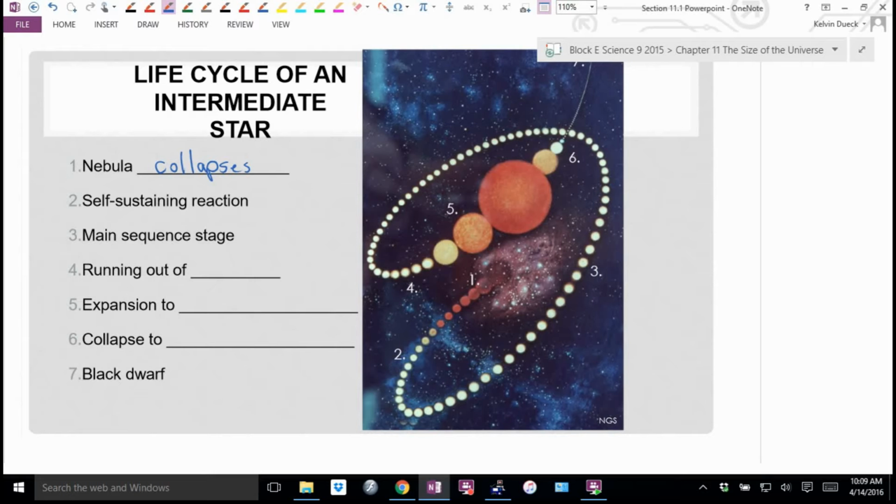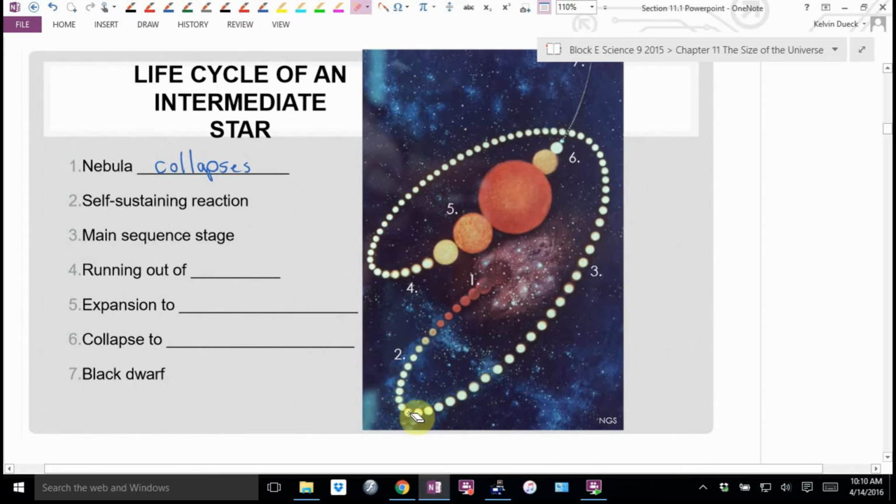And if that pressure gets high enough, fusion occurs. You get a self-sustaining nuclear reaction. So here's the picture. Here's the nebula. By the way, the number of dots is to show you sort of how much time it takes. So the nebula lasts for quite a while. Slowly the nebula collapses, and then all of a sudden fusion occurs.